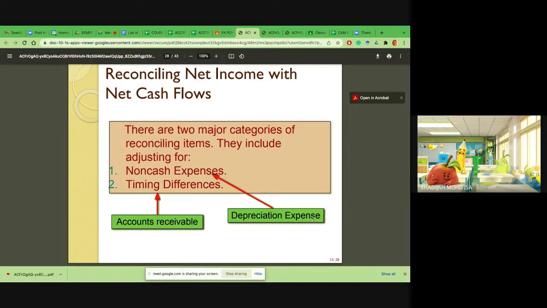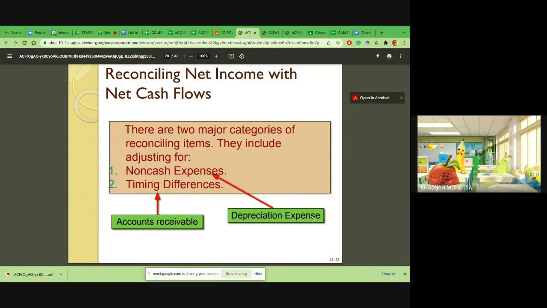So take note of your non-cash expenses. Number one is your depreciation. Number two is that when you dispose of your asset, if there is a loss on the disposal, that is also a non-cash expense. Why is it called a non-cash expense? Because you do not have to pay for the loss. It's just an accounting record on the disposal of your asset, whether you have a gain or loss.